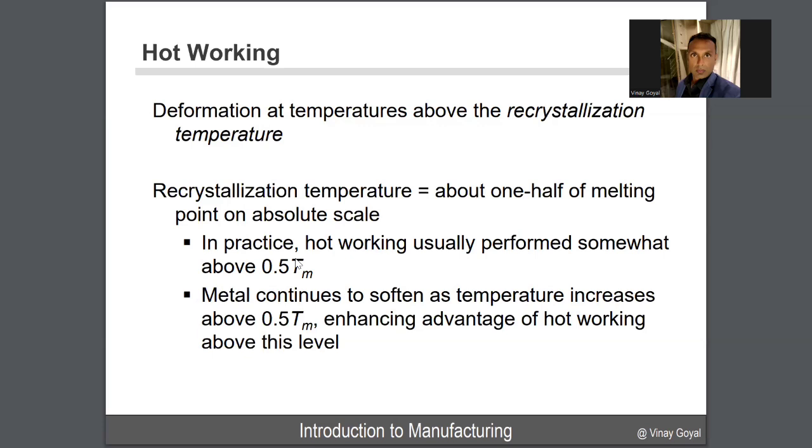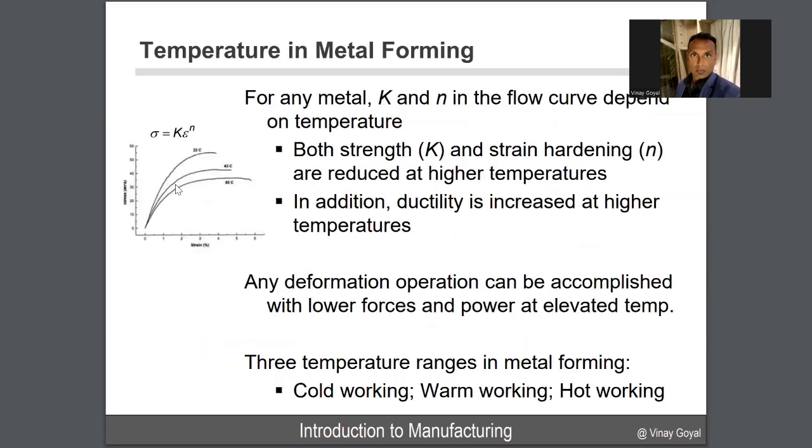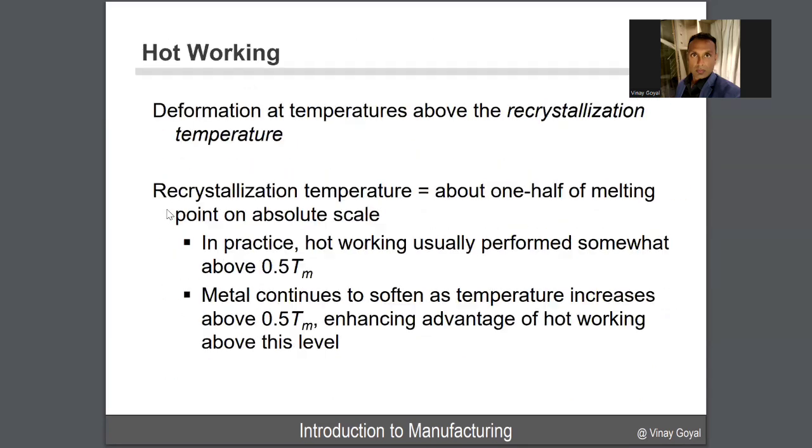That allows us to take advantage of hot working above this level, because now I am increasing ductility and decreasing the yield strength, allowing it to more easily apply loading.